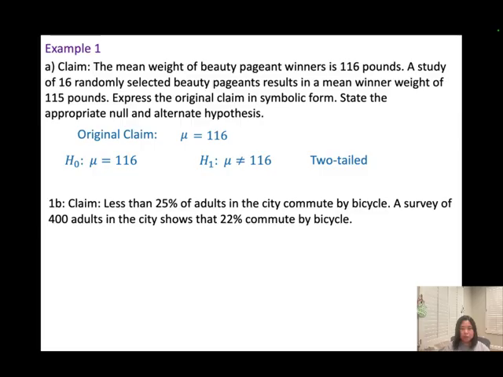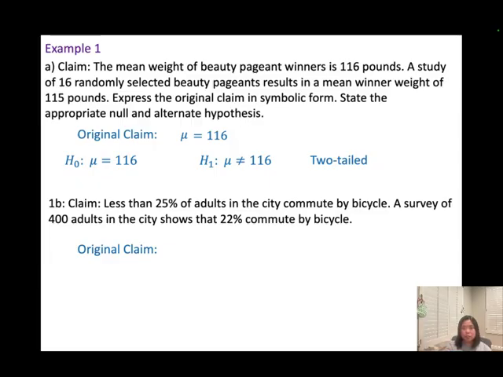Okay, B. The claim statement: less than 25% of adults in the city commute by bicycle. A survey of 400 adults in the city shows that 22% commute by bicycle. So, original claim. Think about which population parameter we are working on. Is it the mean or the proportion?